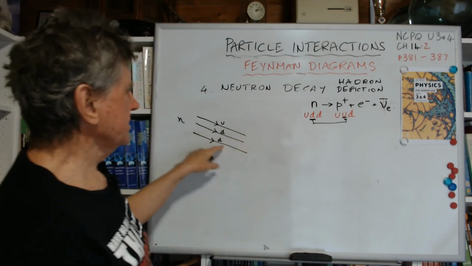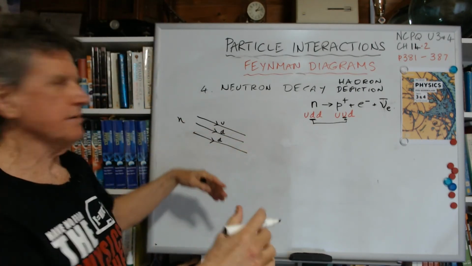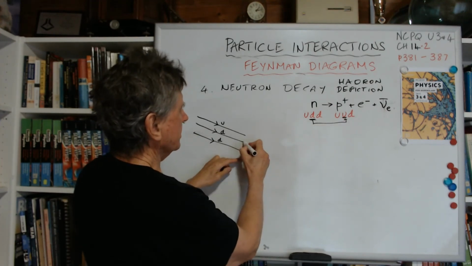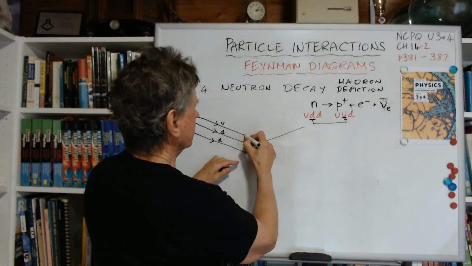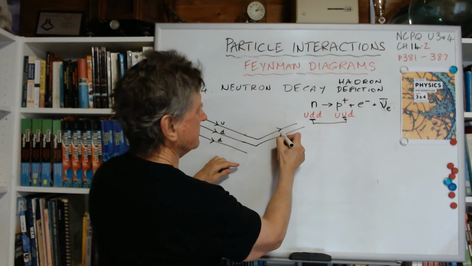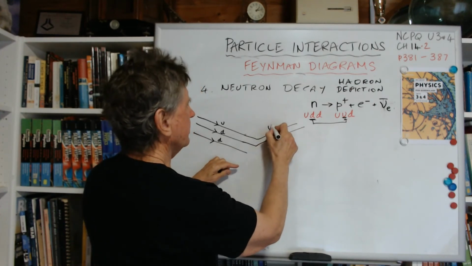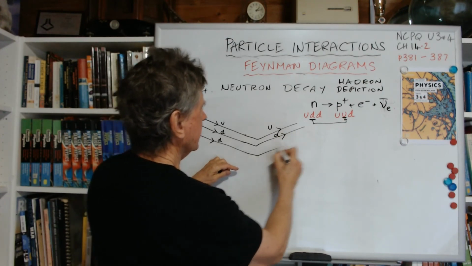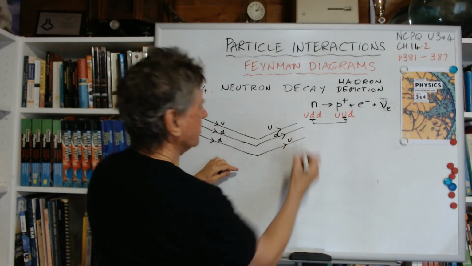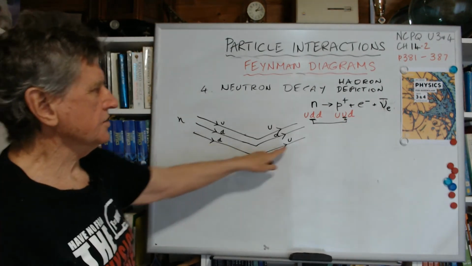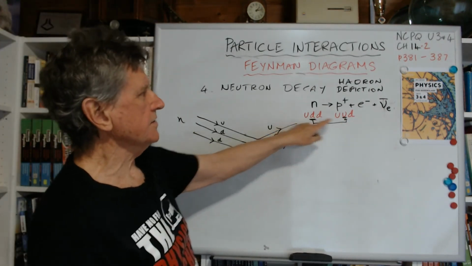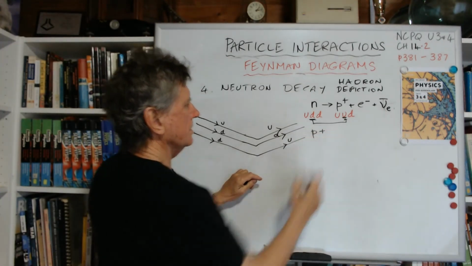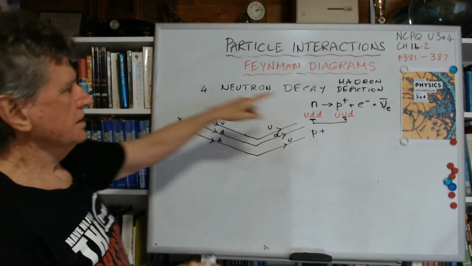So these quarks aren't going to do anything. They're just going to go up like that. And so there's your up, down. Now this down is turning into an up quark. There it is there, the down turning into an up. So this is your proton. Okay, so you've gone from neutron to a proton merely by changing one of the down quarks into an up quark.